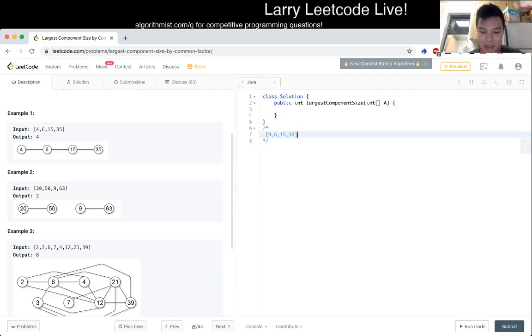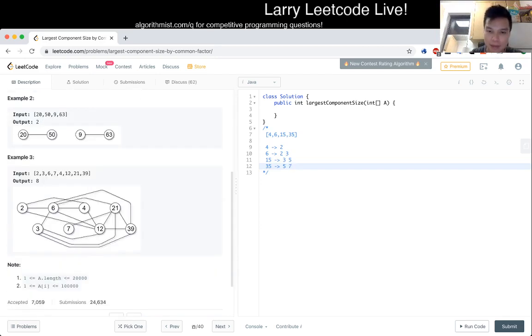For these numbers, 4's prime factorization is 2 times 2. 6 is 2, 3. 15 is 3, 5. 35 is 5 and 7, right? So what you want to do is that each of these numbers is actually an edge. 2 is just 2, but 6 is an edge between 2 and 3, 15 is an edge between 3 and 5, 35 is an edge between 5 and 7, right?